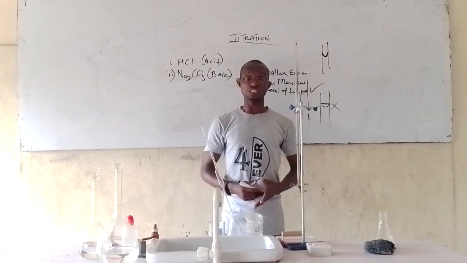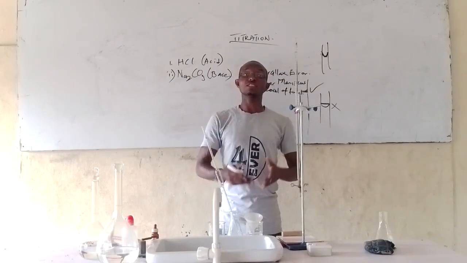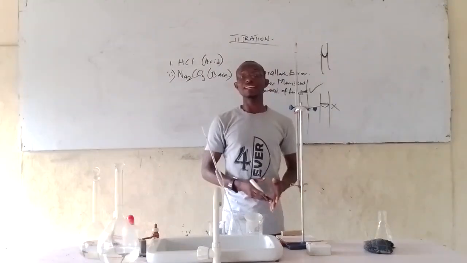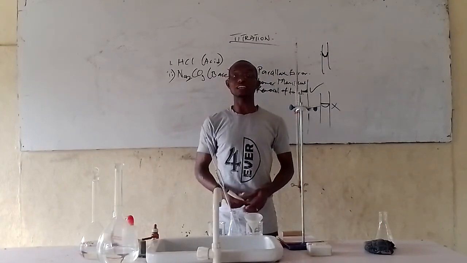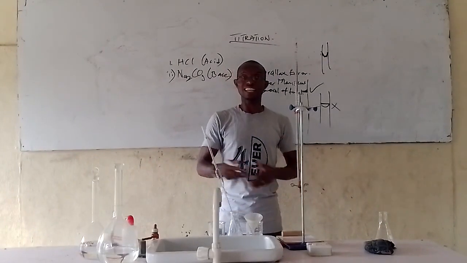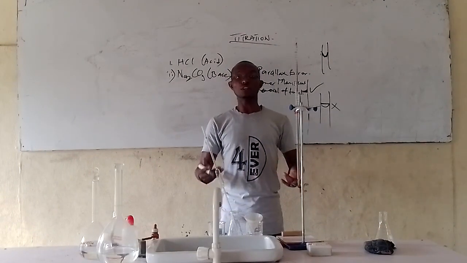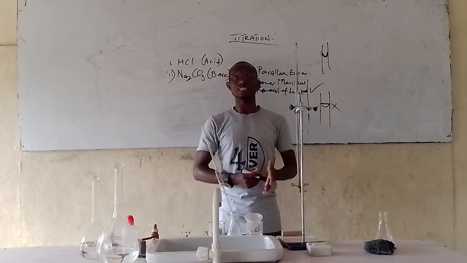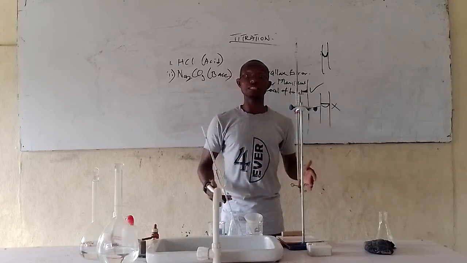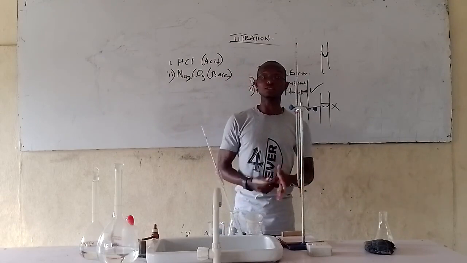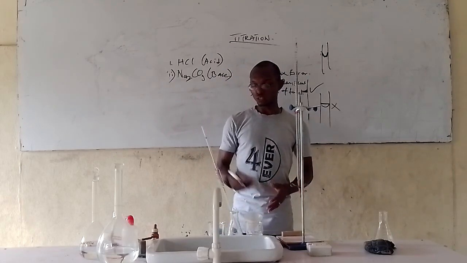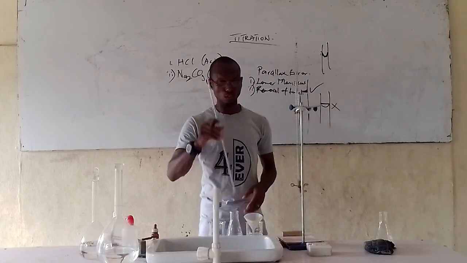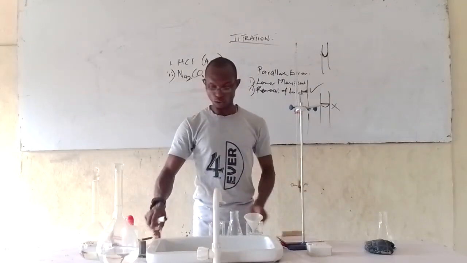That is the type of indicator that we'll be using today. If it is a weak acid and a strong base, then we'll be needing phenolphthalein. Phenolphthalein is going to be used as the indicator. But if it is a weak base and a weak acid, then there is no suitable indicator for that. So for this particular reaction, we are going to be using methyl orange.